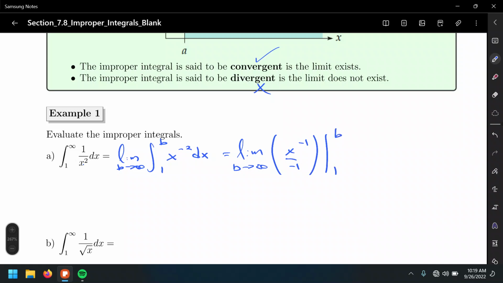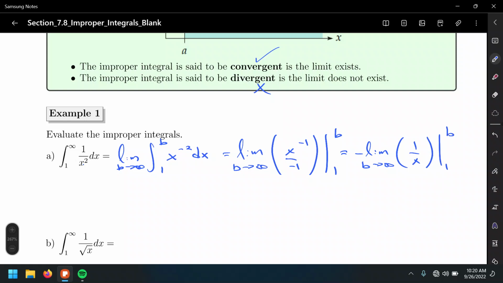Let's clean up these negatives so it's easier to work with. I'm going to write this negative 1 in front of the limit expression. In fact, it's a constant multiple, negative 1. Negative limit as b approaches infinity of 1 over x from 1 to b.